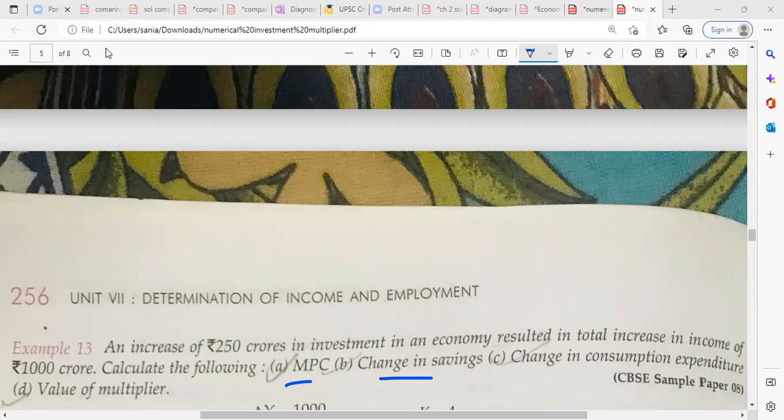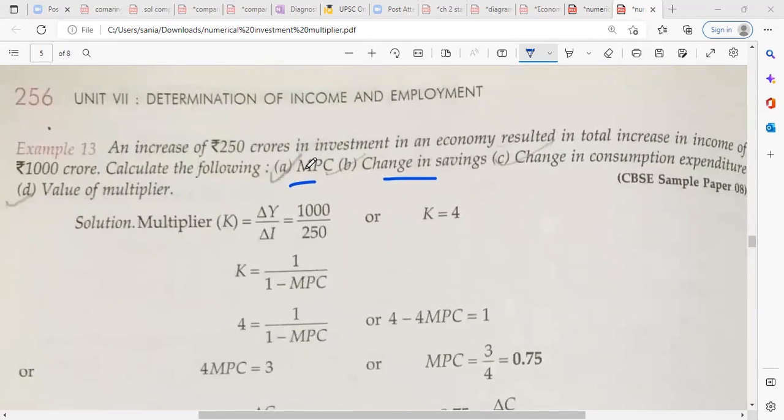And MPC. Okay. So see, this is a very important question.